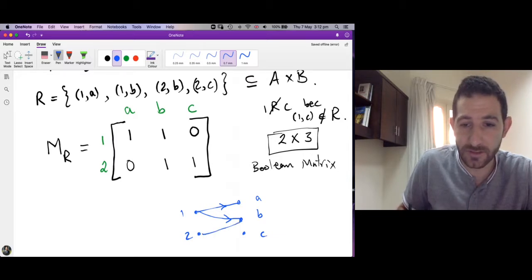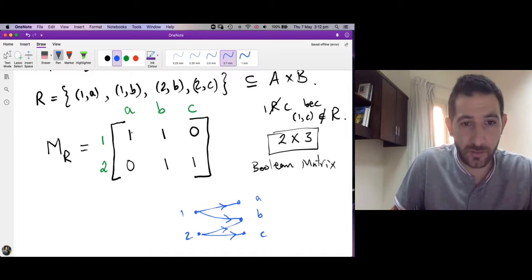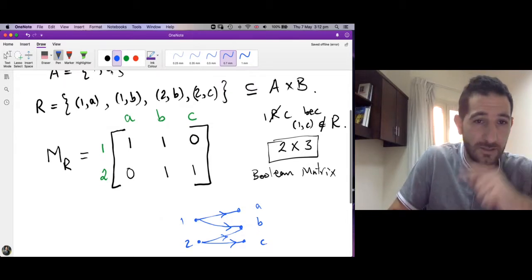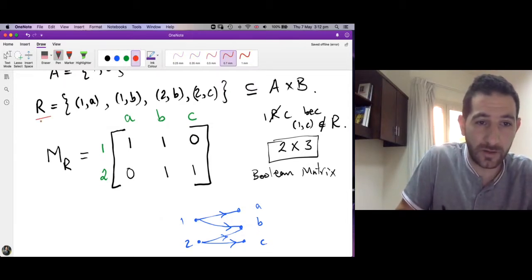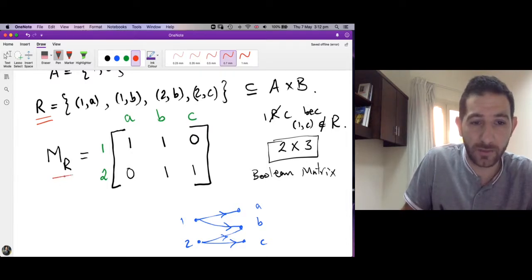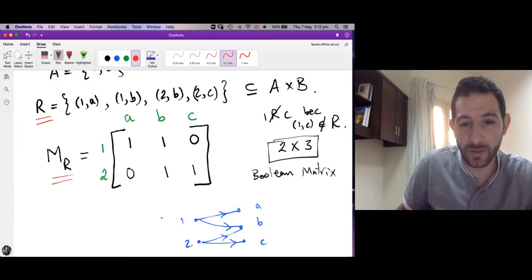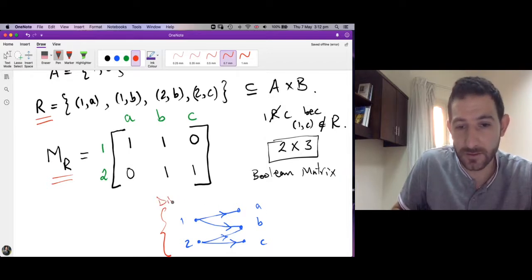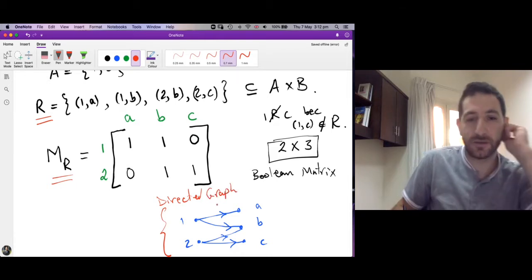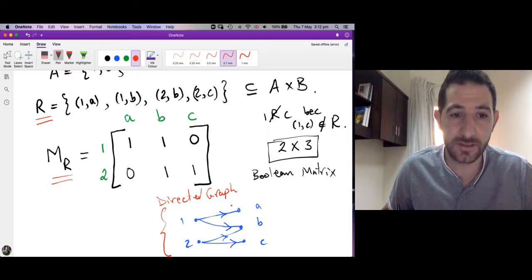So you see how many ways we have to represent a relation. Here is one, by writing the set, or we can use a matrix, or we can use a directed graph. So all of these are 3 different ways to represent relations.